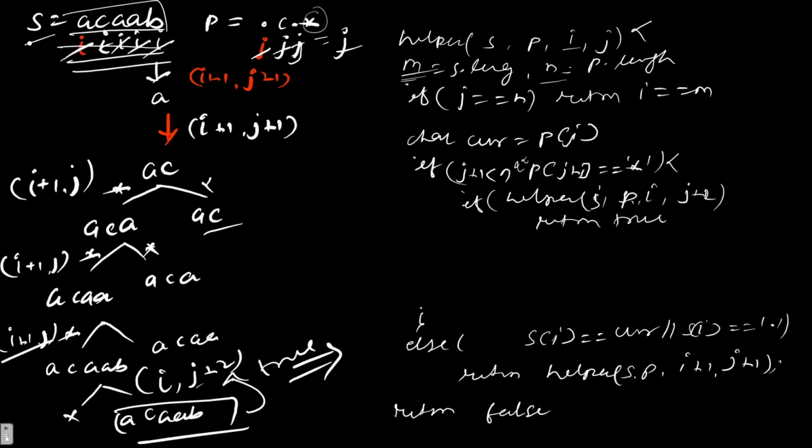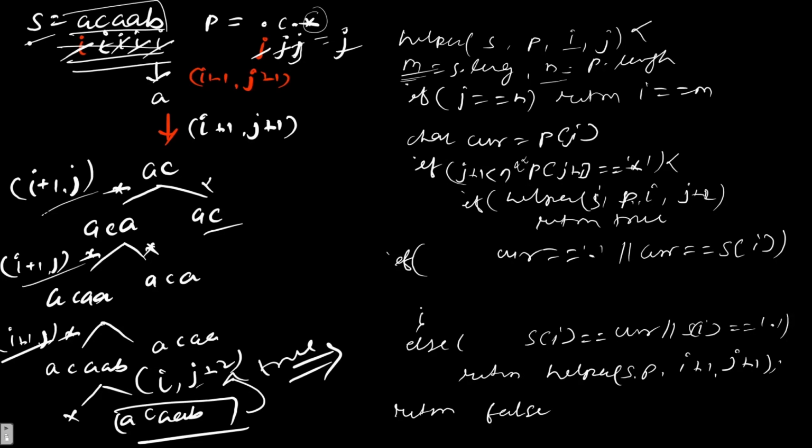Okay, and then there will be a case if current character is dot, or current character equal to s of I. So in this case, you can see that we are moving our I plus 1 and j.